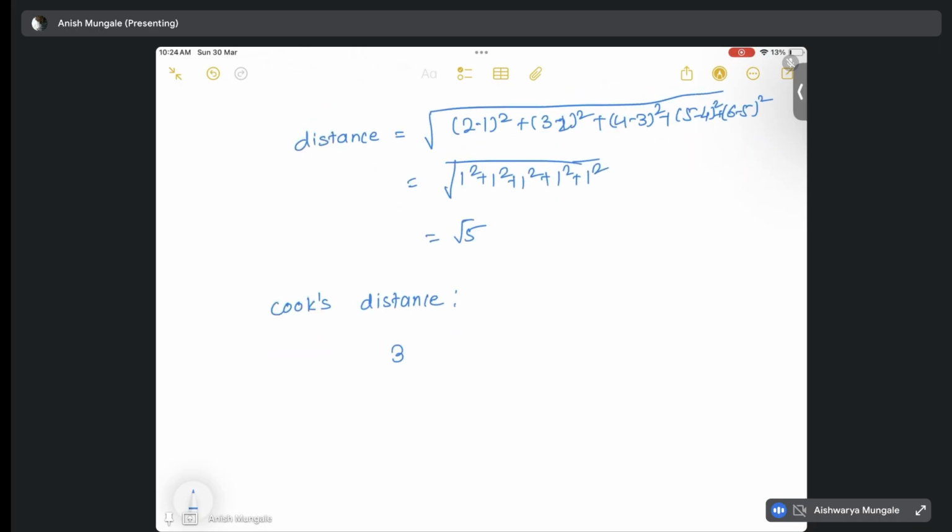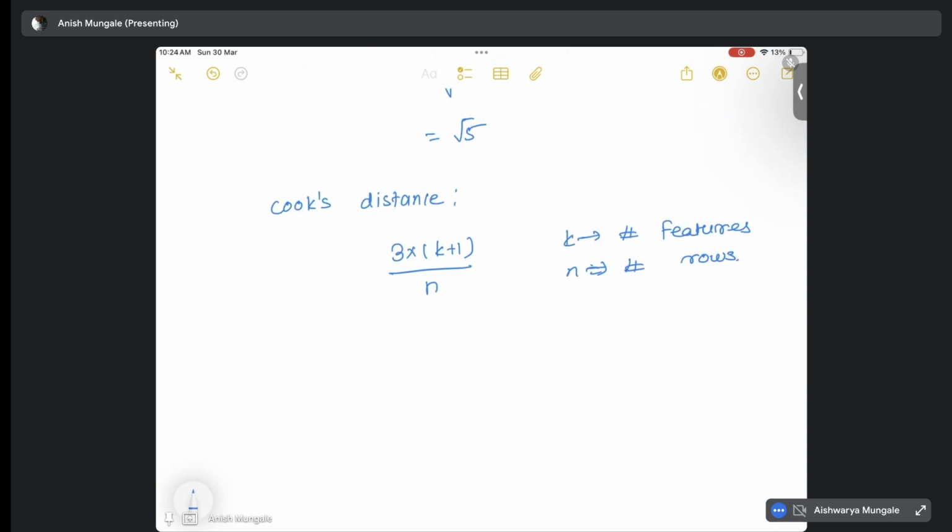The threshold is 3 into k plus 1 divided by n, where k is the number of features and n is the number of rows.